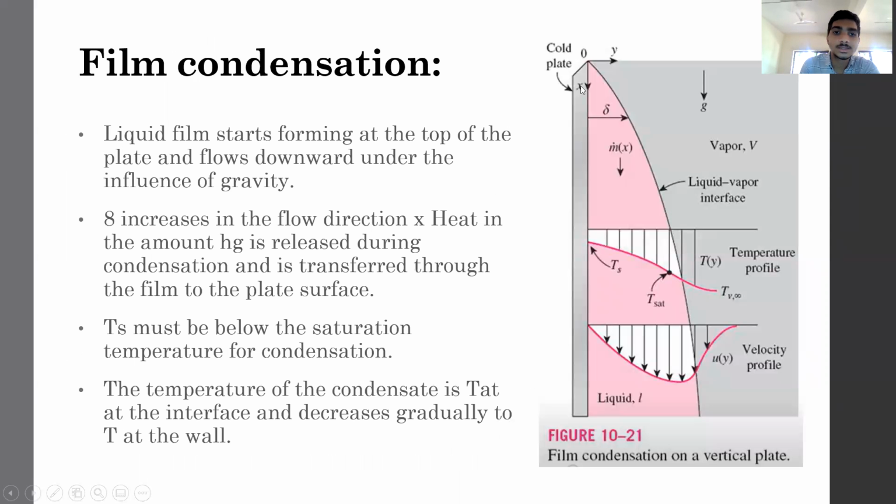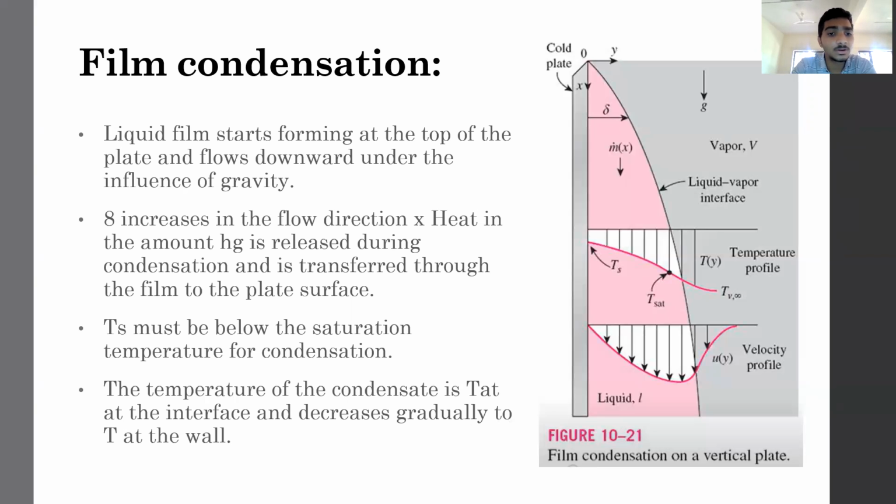So this is film condensation. The liquid film starts forming at the top of the plate and flows down under the influence of gravity. Delta increases in the flow direction x.